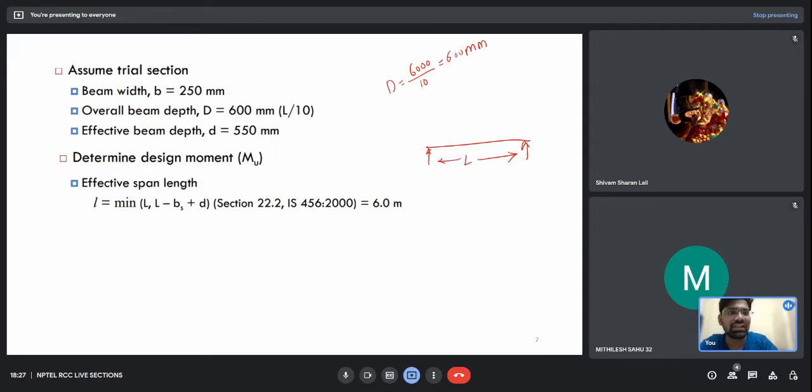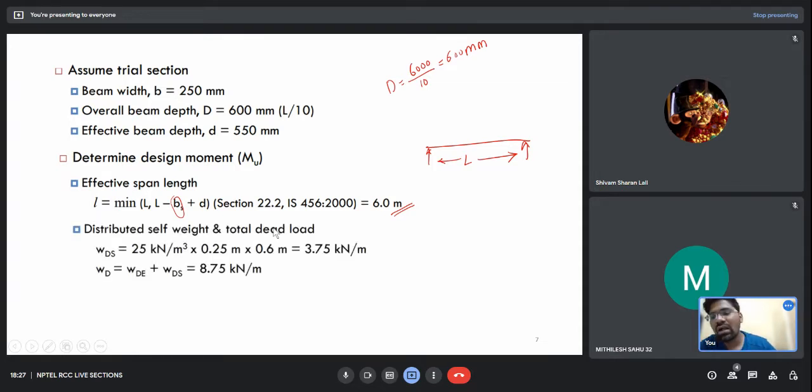The center to center length is given as 6 meter, but what does IS 456 2000 say? The effective span should be taken as the minimum of the center to center distance, or the clear distance between supports, center to center minus the width of the support 230, plus the effective depth 550. I have already calculated it, and the minimum value of both is 6 meter. So this was the effective span.